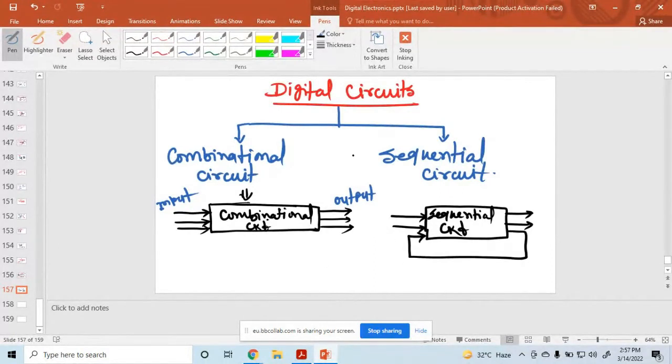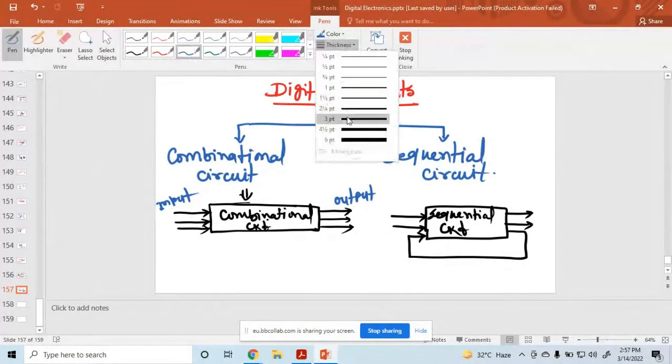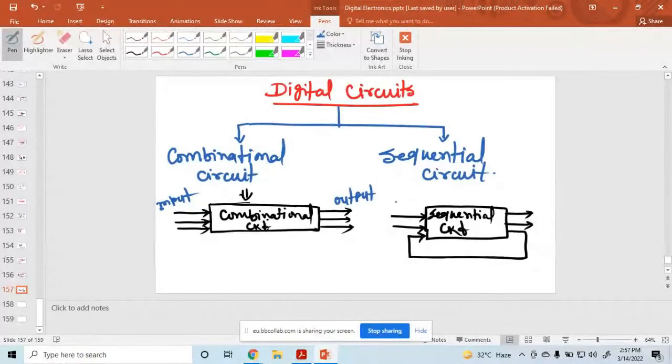So this is the difference between a combinational circuit and a sequential circuit. This one is called input, this one is called input, and this part is output.